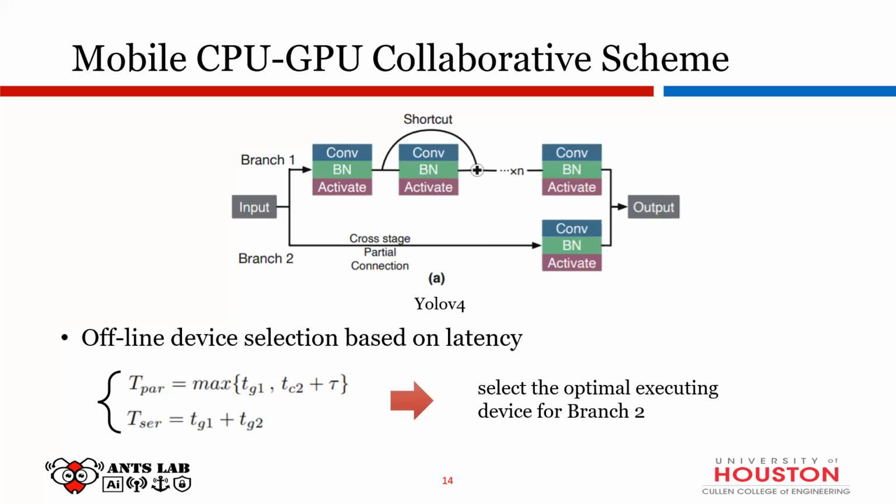We just rely on the model structure, right? The branch one, the branch two, and if we directly assign branch one and branch two to the GPU and CPU respectively, they might even increase the latency if the CPU doesn't work very well.